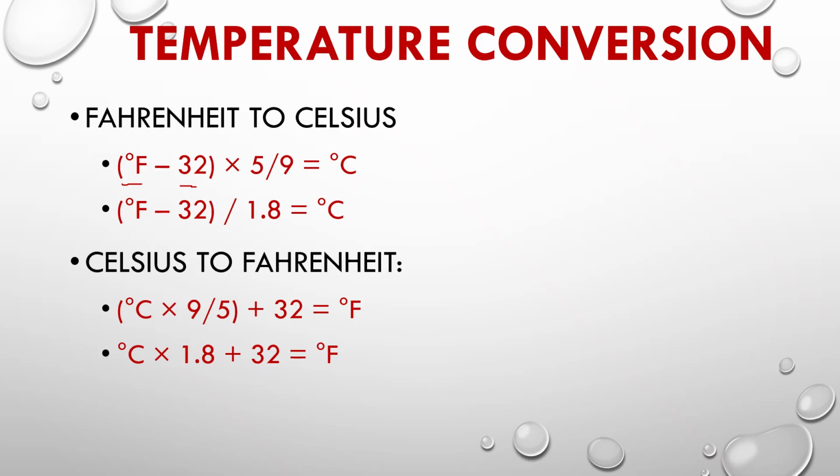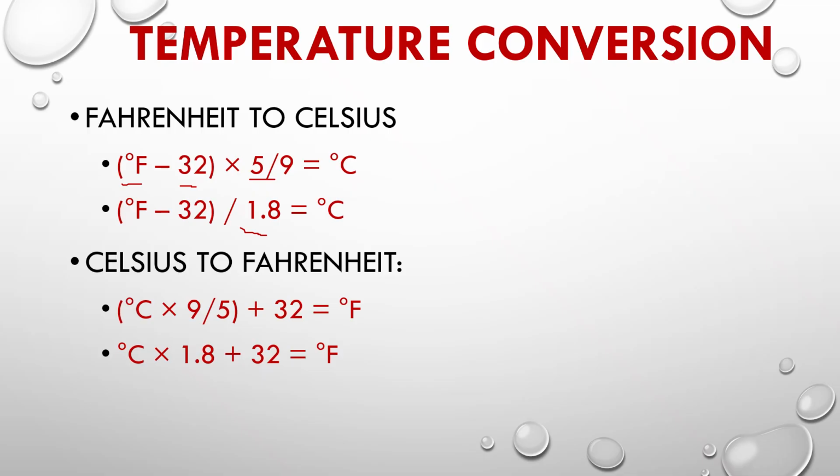But again, we're just going to subtract the degrees Fahrenheit by 32. And then if we're using the fraction, we divide by that fraction, the 1.8, or we multiply by the fraction. So if you're using 5/9, you're going to multiply by that. If you're using the decimal, you divide by it.